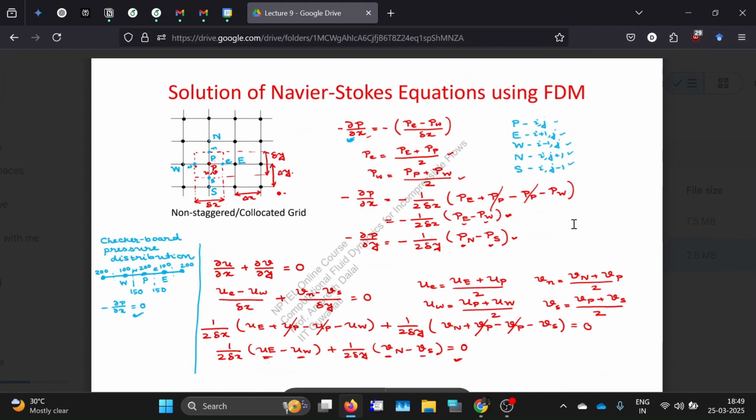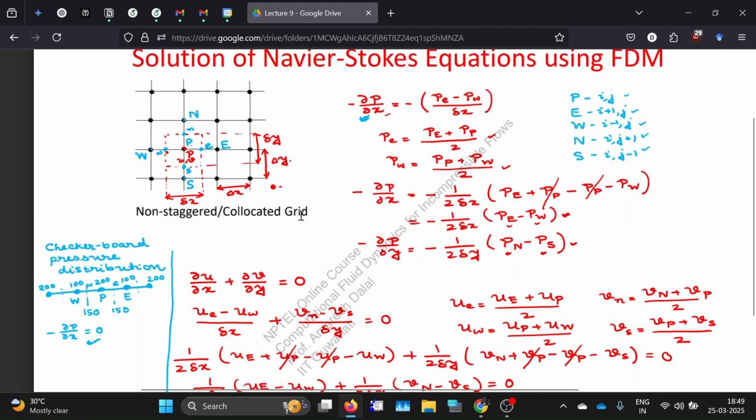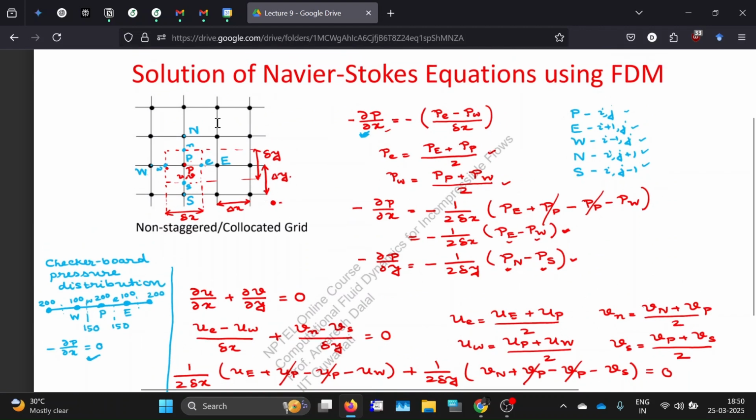Okay. So first of all, why is this delta x, delta y one thing, and delta y and delta x another thing? In a structured grid, they will be the same. If it is unstructured, or if there are differences between the cell sizes, then these would be different.